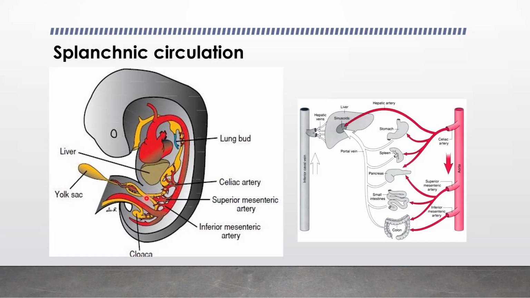Remember, this primordial gut tube is developing faster, so we'll have it herniating into this yolk sac, or into this vitelline duct that you can see here. So due to its herniation, an artery develops, the superior mesenteric artery.